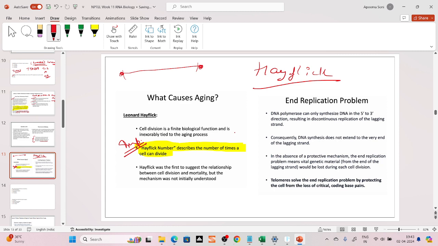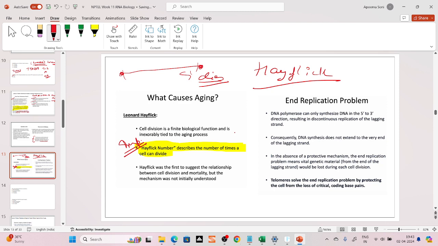The end region of the lagging strand is not replicated, and with each replication cycle the ends get shortened and shortened. Over a period of time it vanishes completely, and then your cell dies. Is it clear? In the absence of a protective mechanism, the end replication problem means vital genetic material would be lost during each cell division.